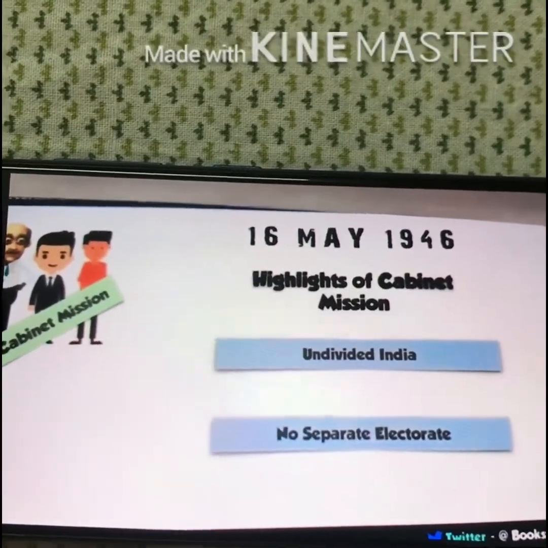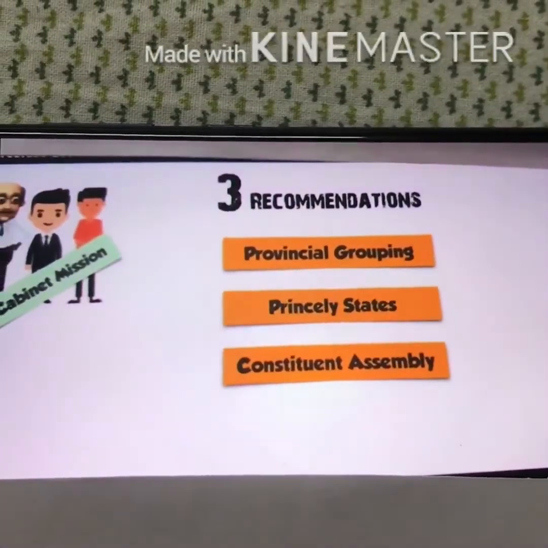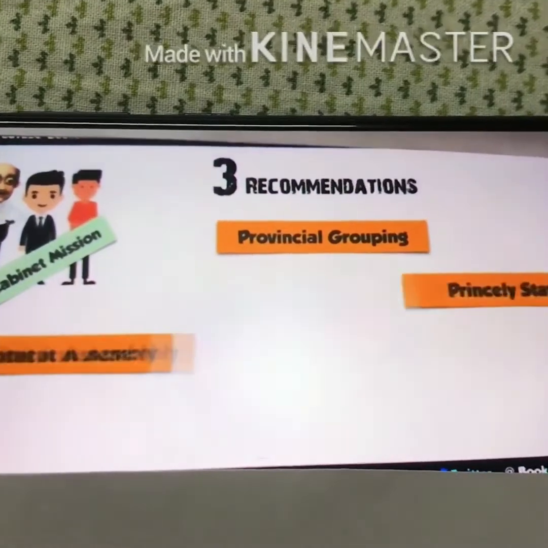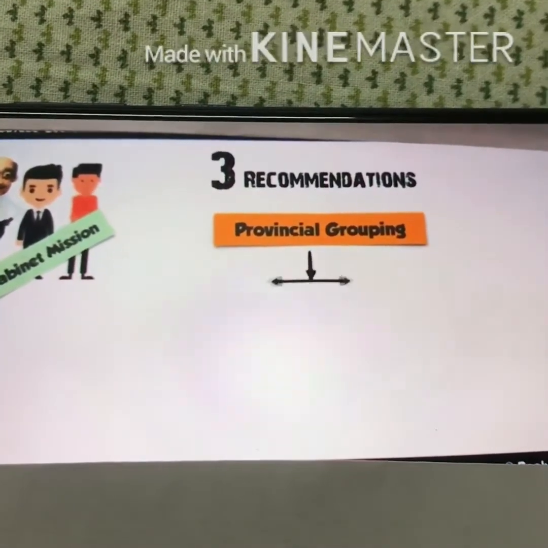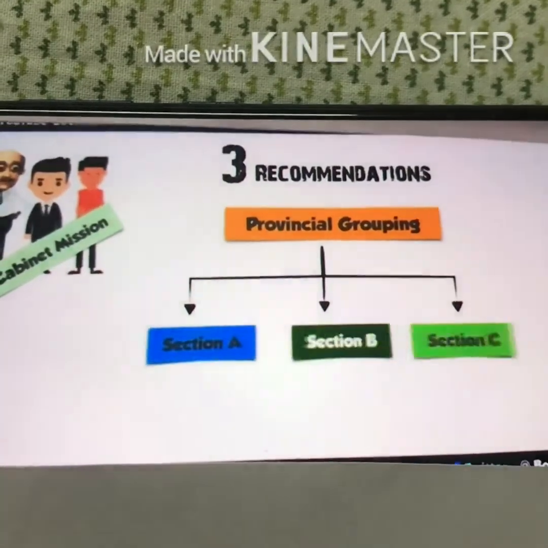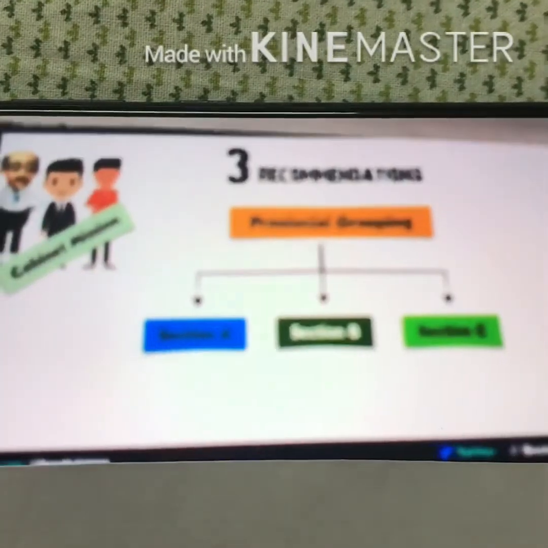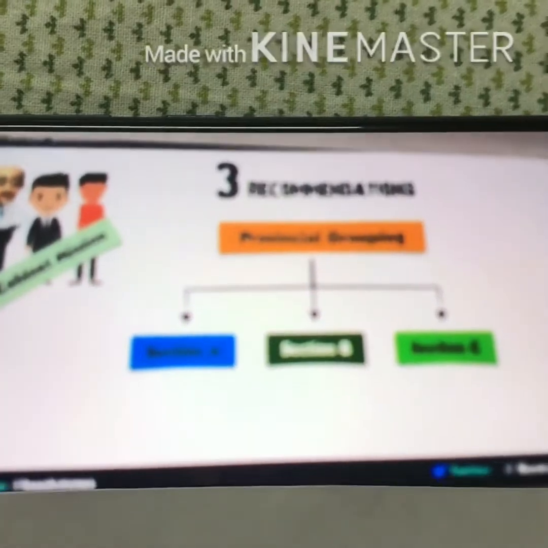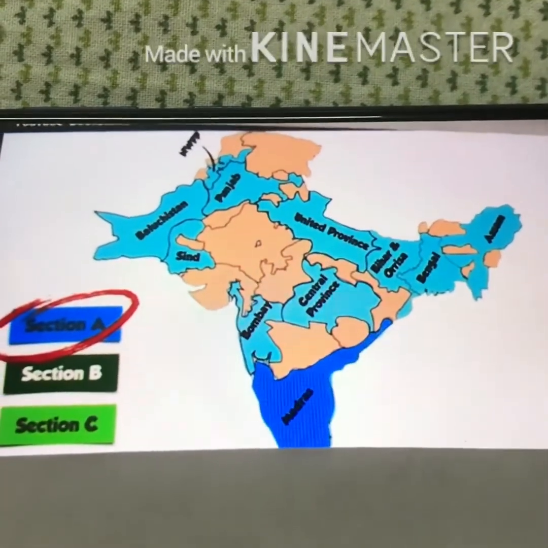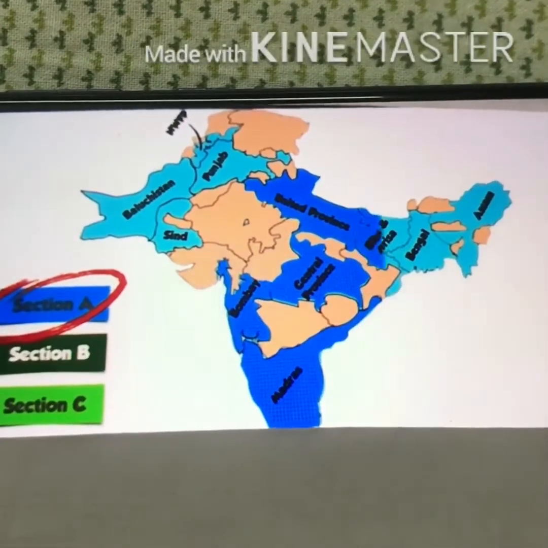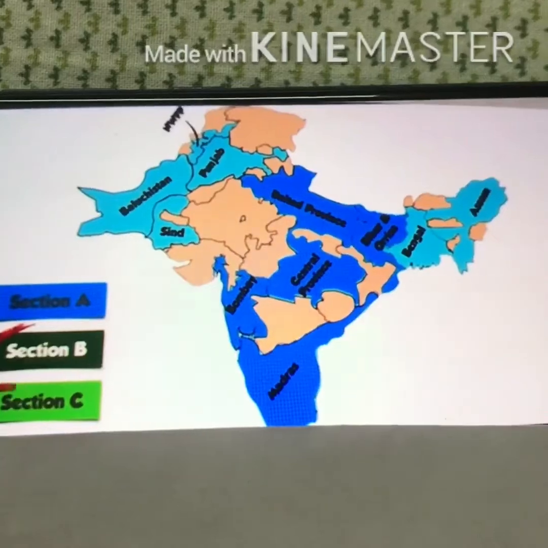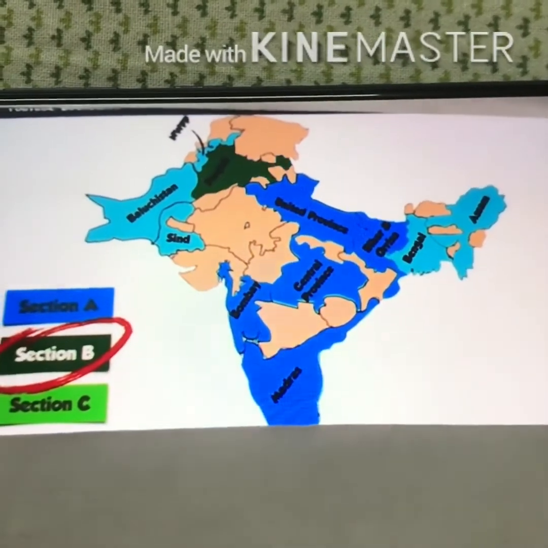It gave the federal government control over subjects like defense, foreign affairs, and means of communication. All other subjects should be with the provinces. All provinces should be free to form groups with their own executives and legislatures, and each group could determine the provincial subjects to be taken in common.